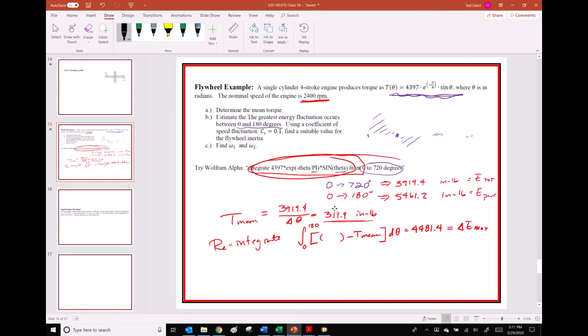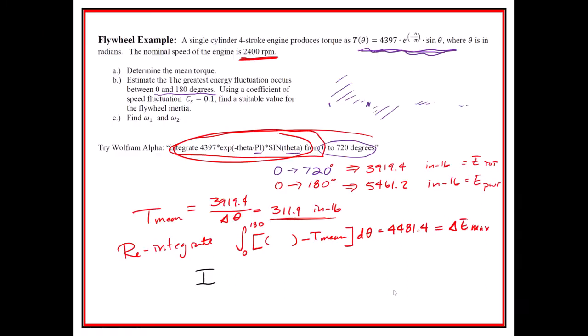When we want to find the moment of inertia for the thing, whoops, I accidentally used that. I'm going to go into a slideshow. I is equal to delta E divided by CS omega squared.